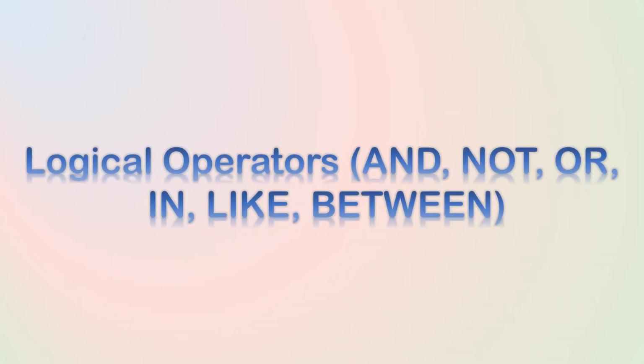So, you saw that our result contains 4 distinct names, which means we have 4 different items in our orders table. Now talk about logical operators.